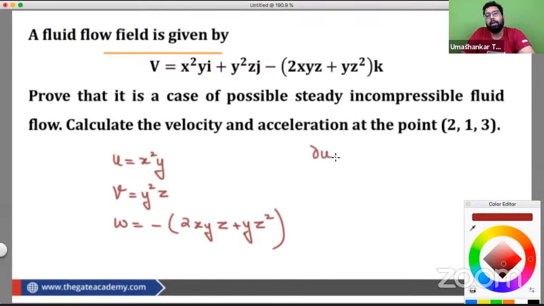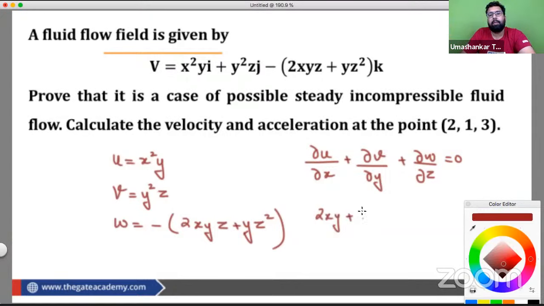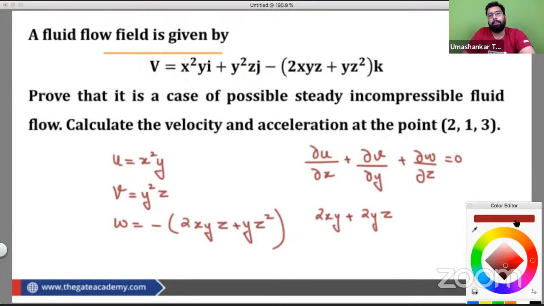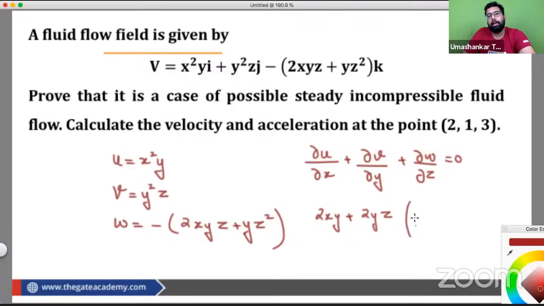For that, we have to check this continuity equation. So what is del u by del x? Del u by del x is coming out to be 2xy, plus del v by del y, it is 2yz, and del w by del z is minus of 2xy minus of 2yz.